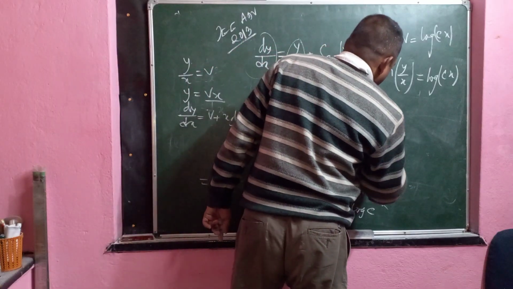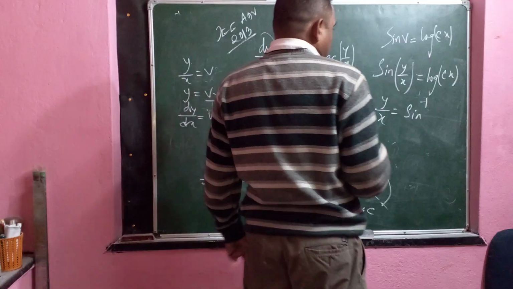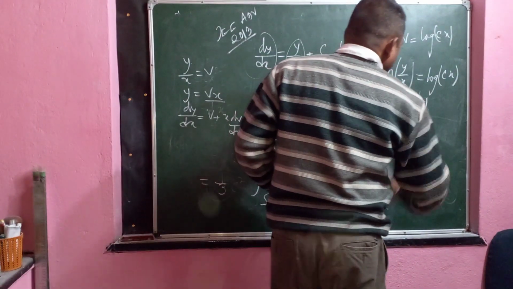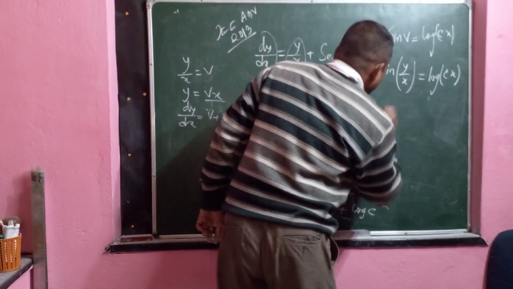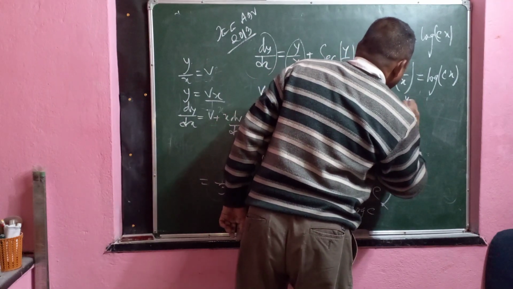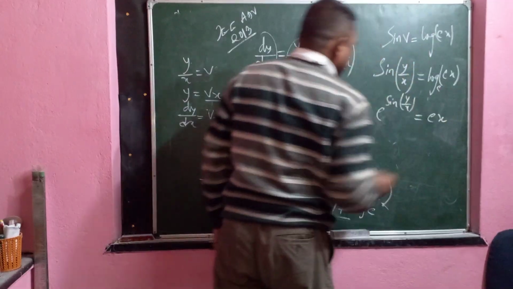Now y by x is equal to sin inverse, or it is better to keep it in exponential form: e to the power sin(y by x) is equal to cx.